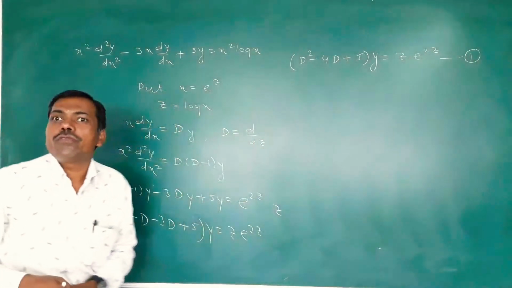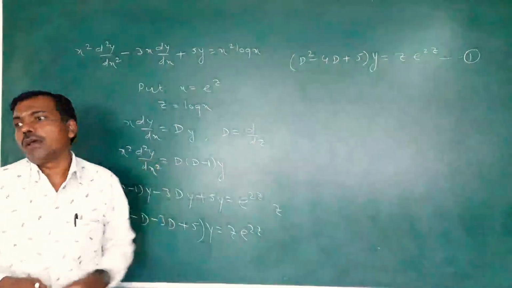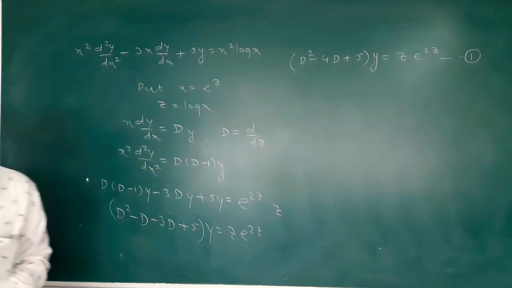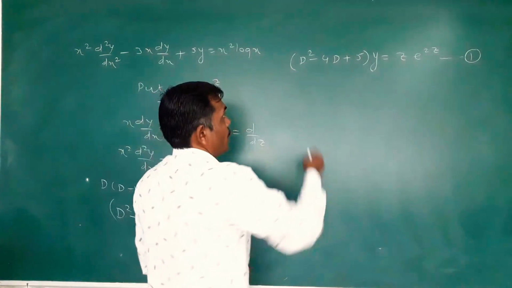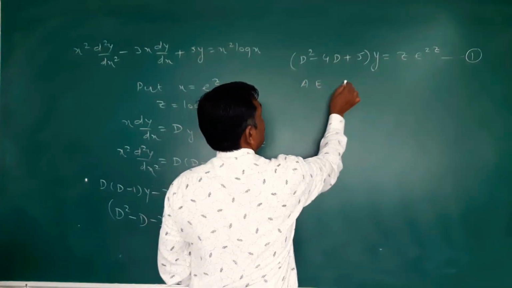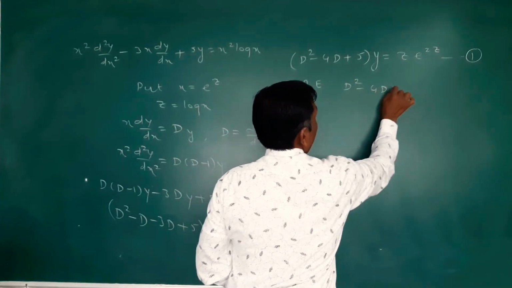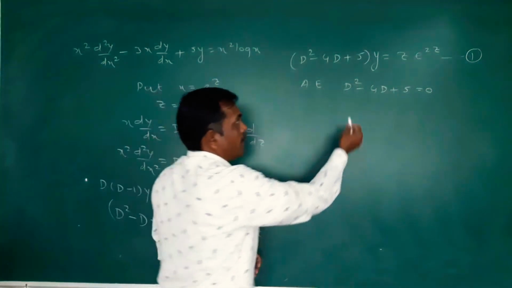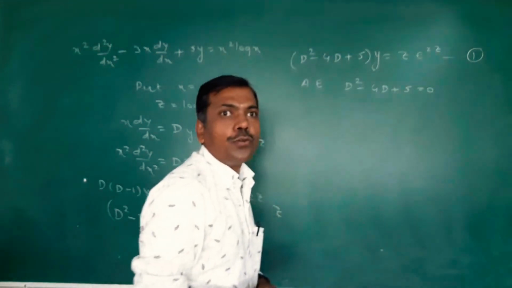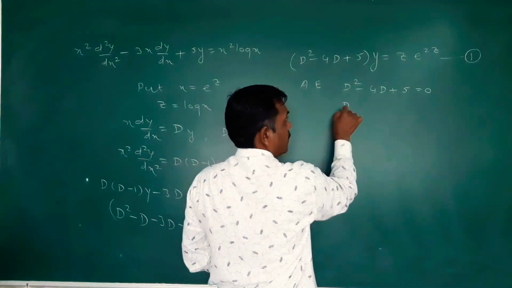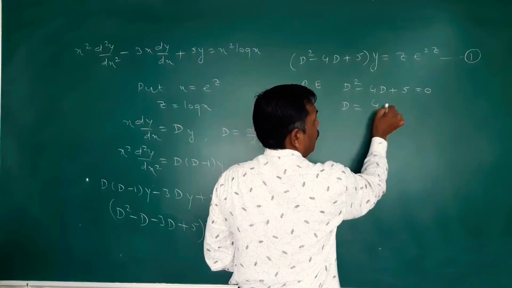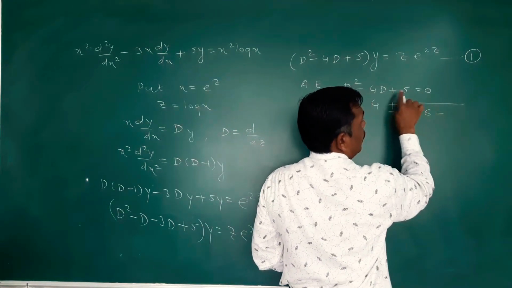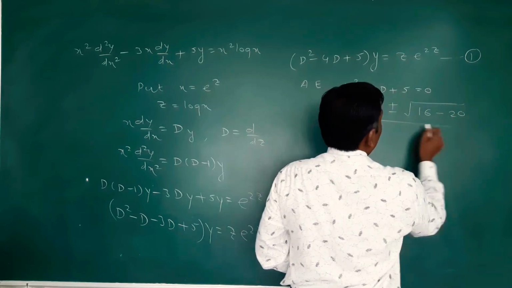Now you can find the complementary function and particular integral. So the complementary function we need to find first. The auxiliary equation is, will you do it by yourself? Yes, do it and complete the answer. D square minus 4D plus 5 equal to 0. I get D is equal to 4 plus minus under root of 16 minus 4 into 5, that is 20, upon 2.